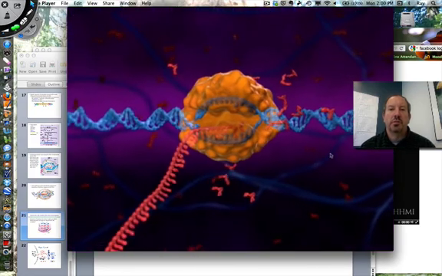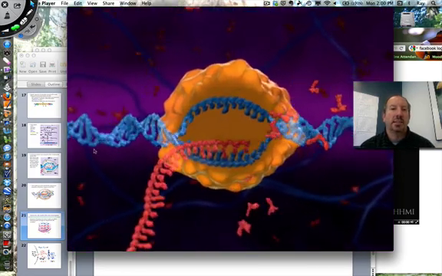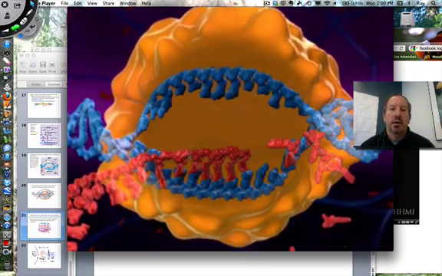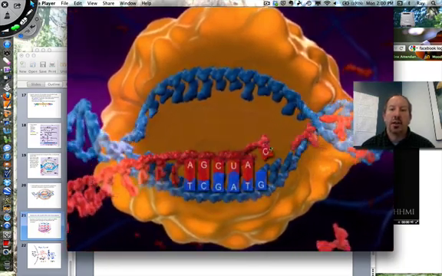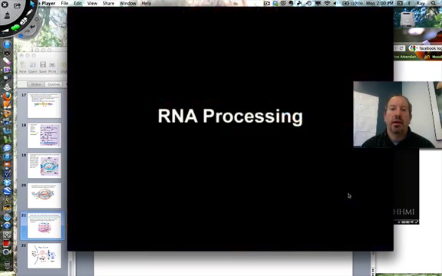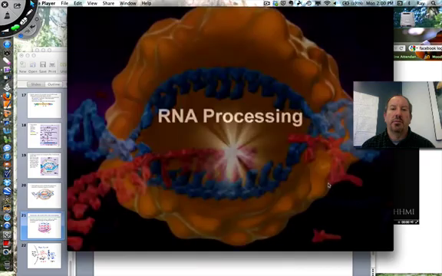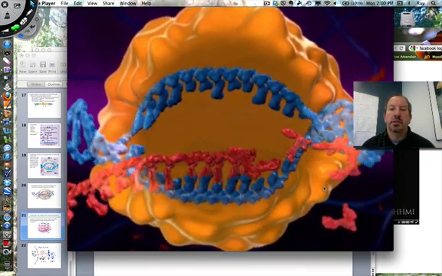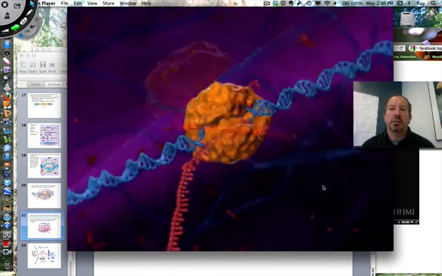RNA polymerase moves along, and it attaches to the initiation area called the promoter. Then it's moving along, adding RNA nucleotides. You'll notice here the RNA is in red. And then it falls off, but before RNA is able to leave the nucleus, it also needs to be processed.